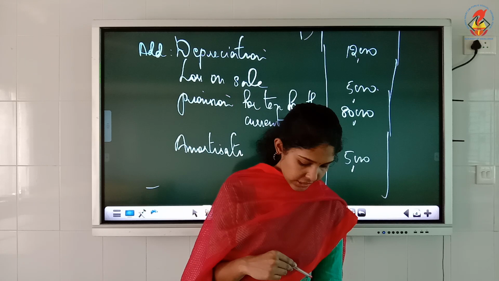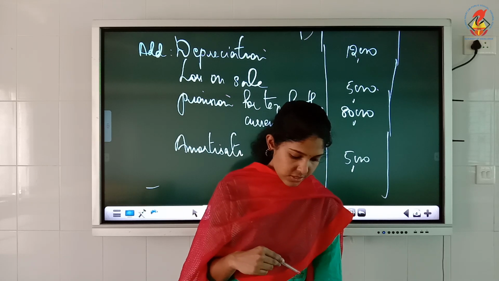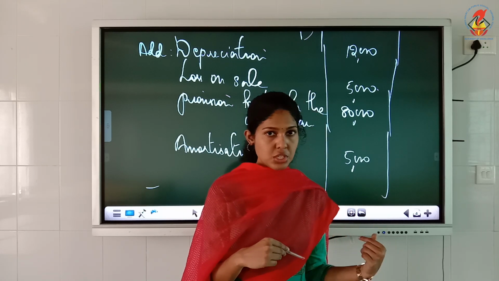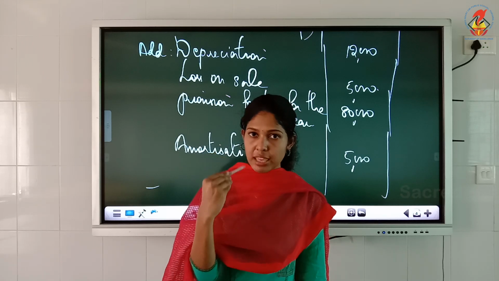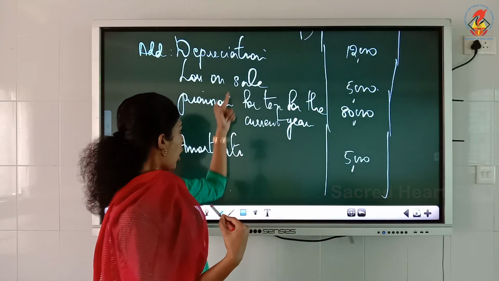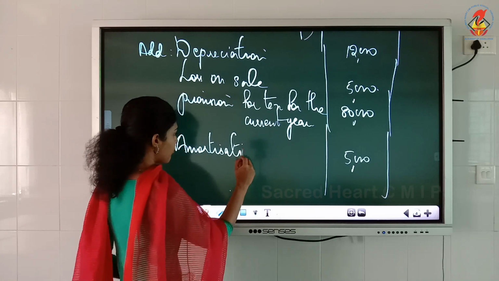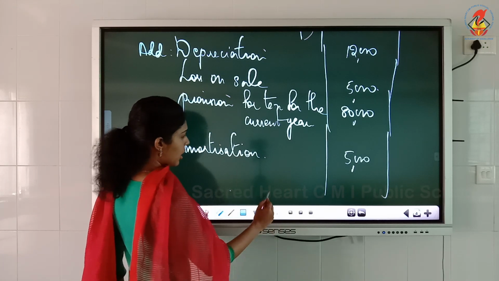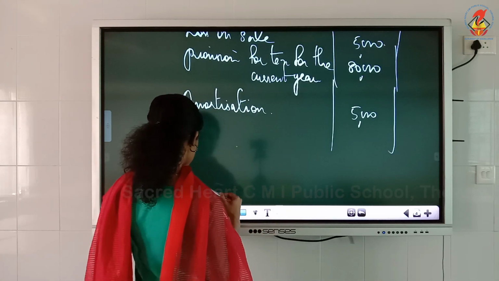Okay, so these are the items given. So, now we can continue. Now we referred to each and every item in the balance sheet. We considered all these items. We got amortization from the balance sheet. Now, nothing to be deducted.